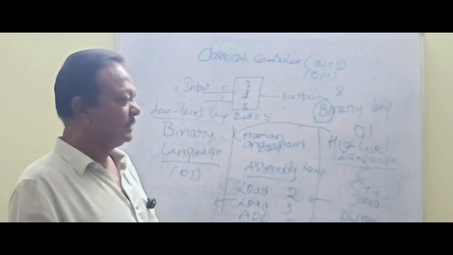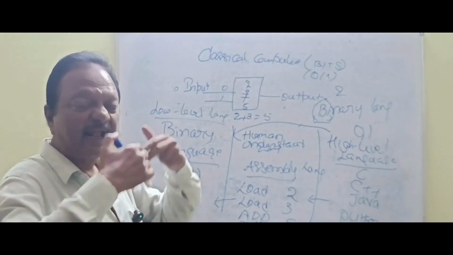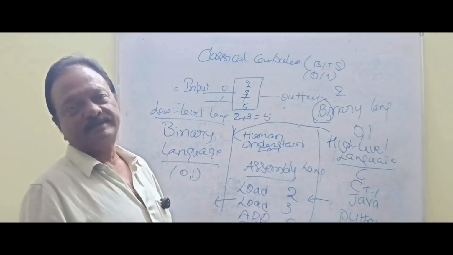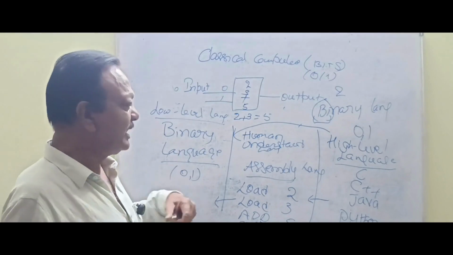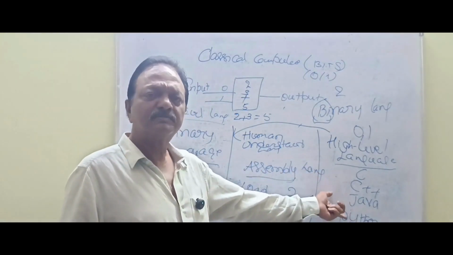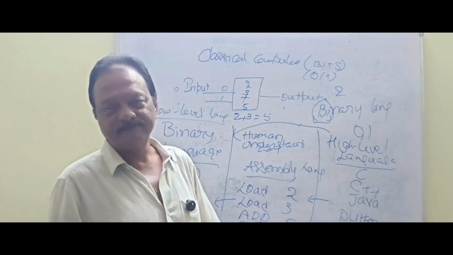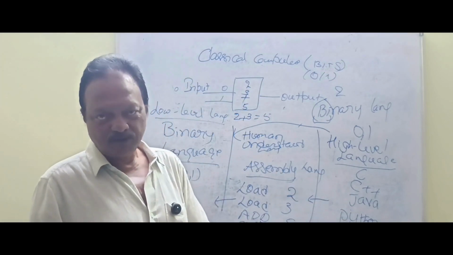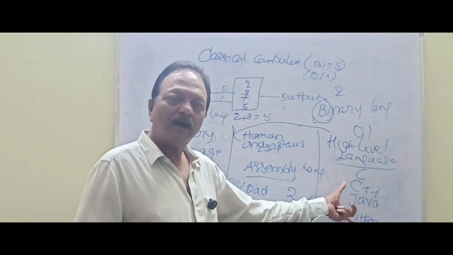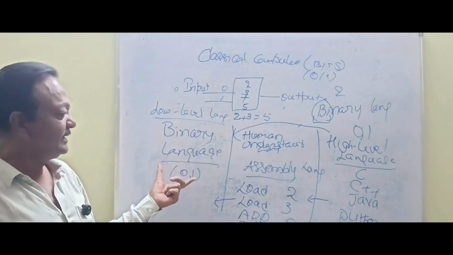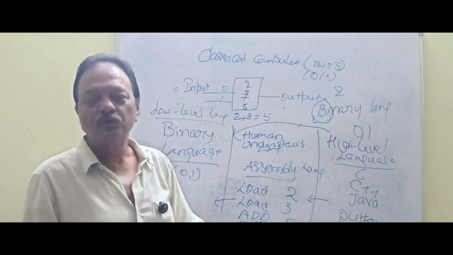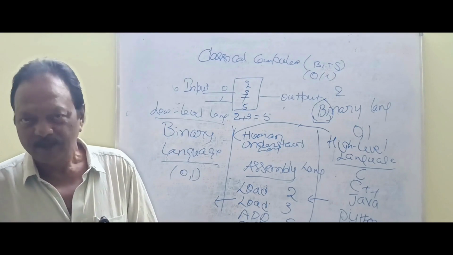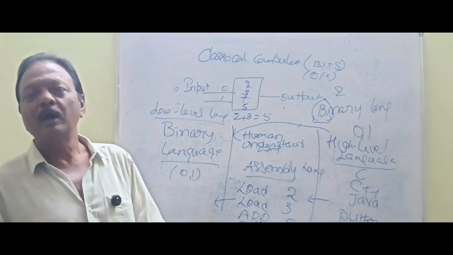Our language has to be translated into machine level language, and machine level language is binary. Understood? Our languages, C or C++, Java or Python, are to be translated into binary language. Then only the system is going to work. Understood? So here is the main concept you have to remember.